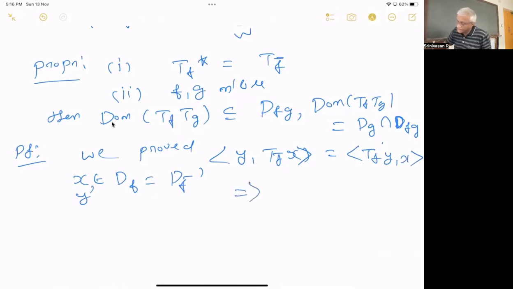So this implies that T f bar is contained in T f star. We have already proved this.